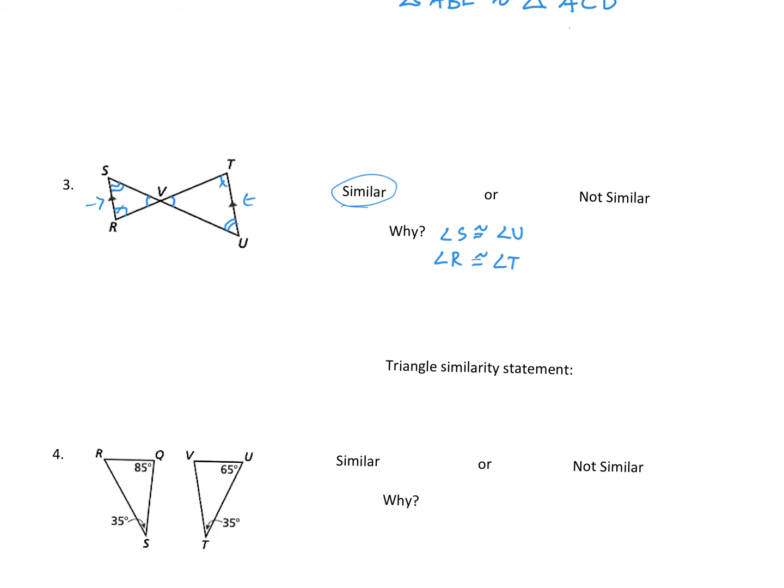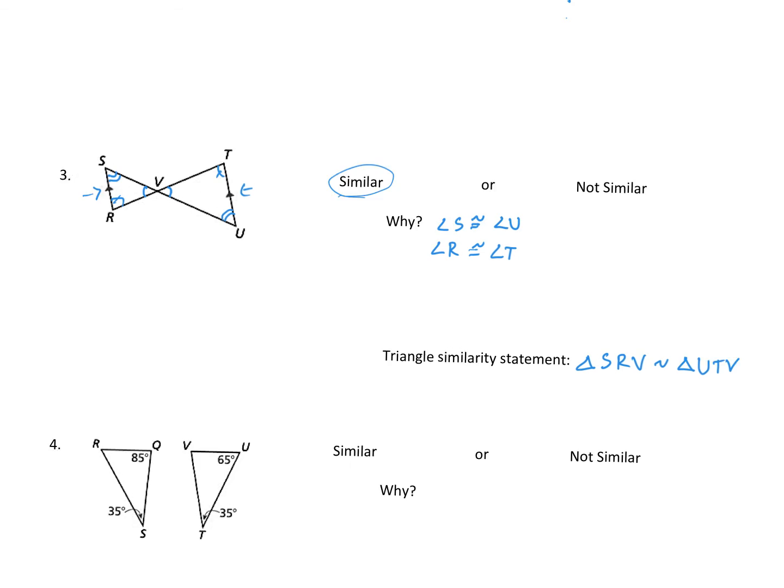Now our similarity statement, remember we're going to match the angles to each other. So triangle SRV is similar to triangle, so S matches with U, so it's UTV.